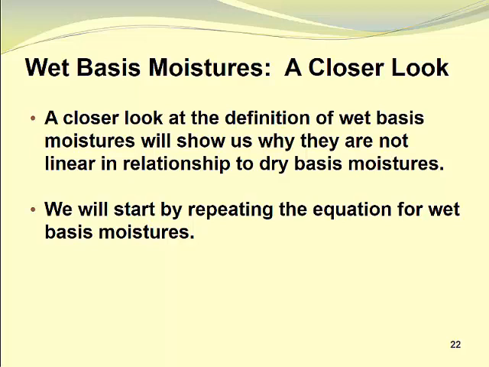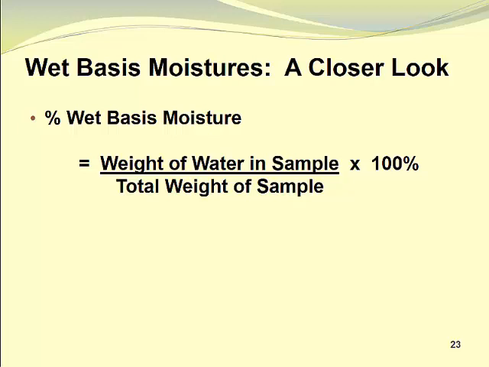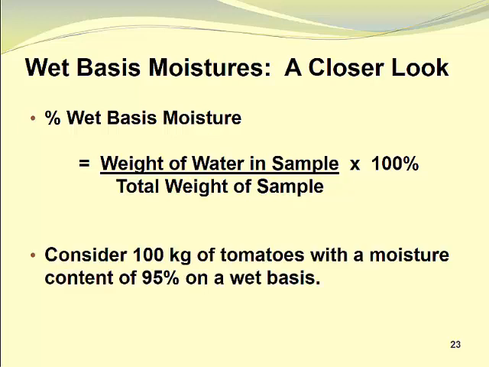We will start by repeating the equation for wet basis moistures, and of course that's equal to the weight of the water in the sample divided by the total weight of the sample times 100%. So we will consider 100 kilograms of tomatoes with a moisture content of 95% on a wet basis as we examine what's going on.